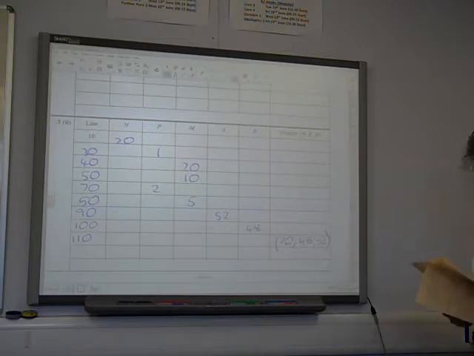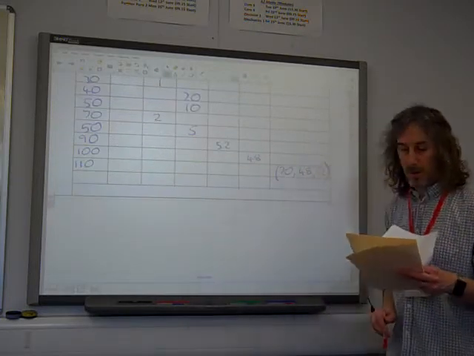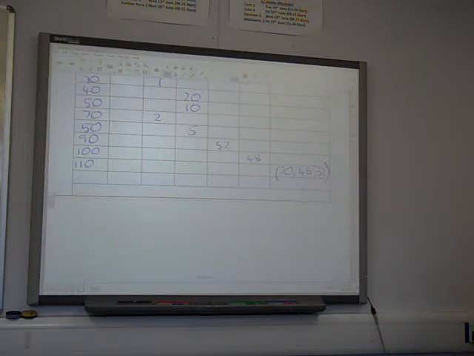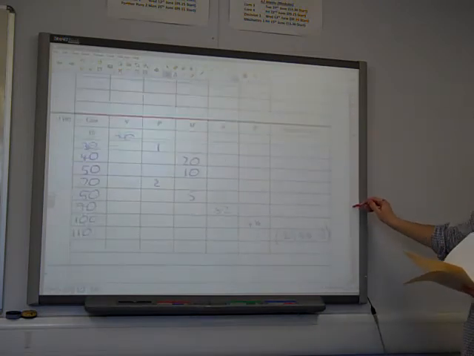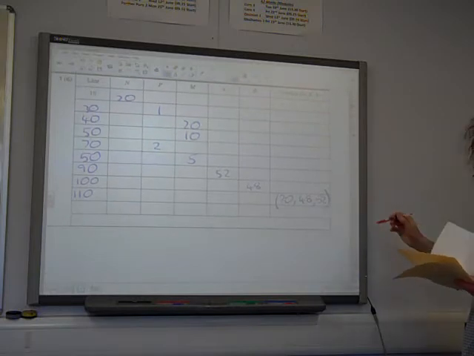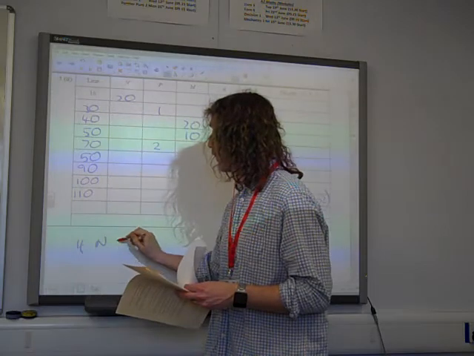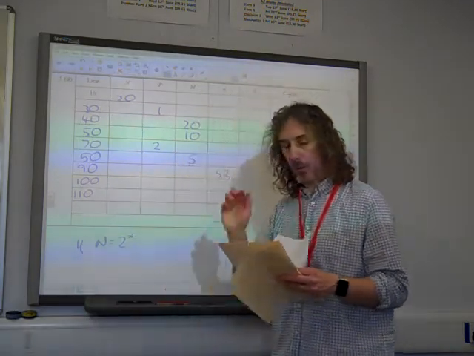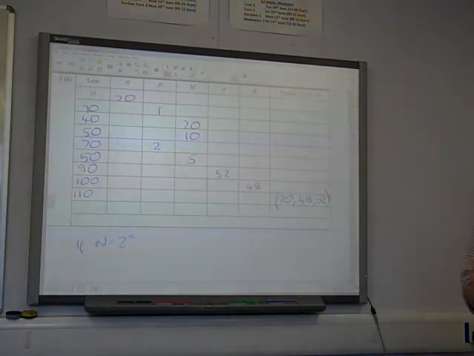Right, explain what happens when n equals 2 to the x for some positive integer x. Okay, so we've got to think through what would happen if n is 2 to the power of x. Well, 2 to the x would be an even number, wouldn't it?